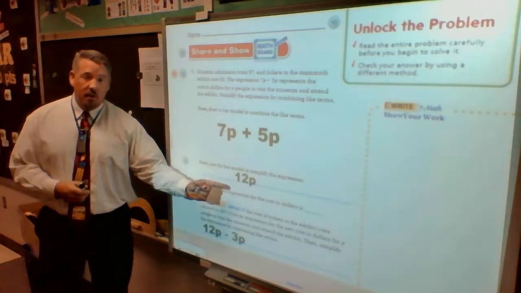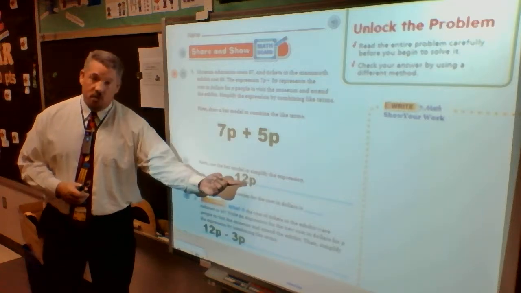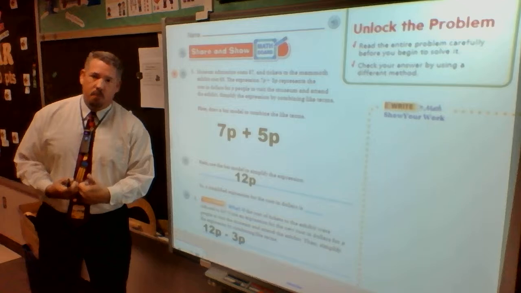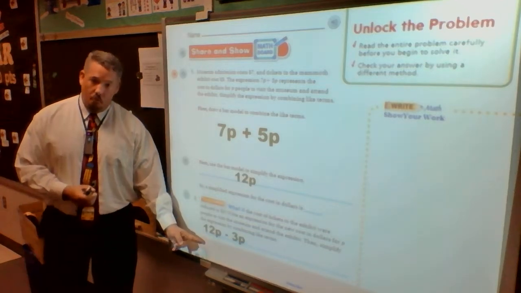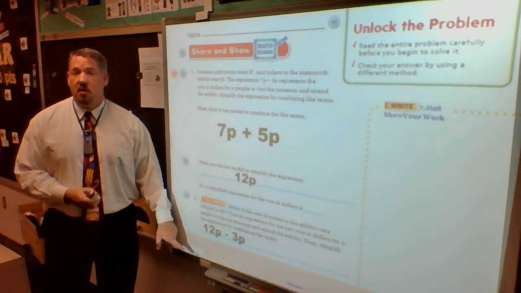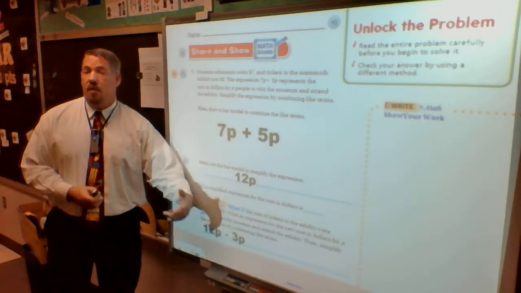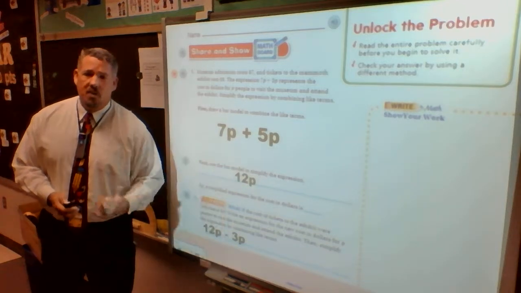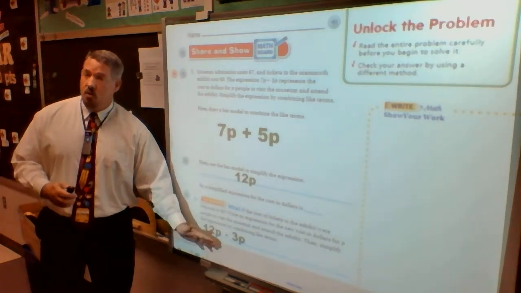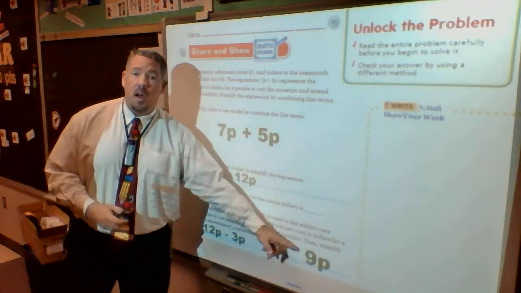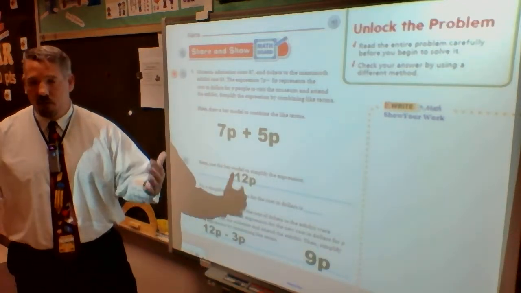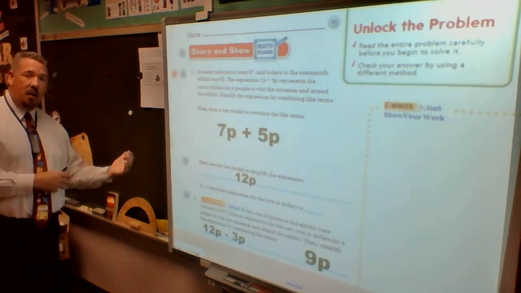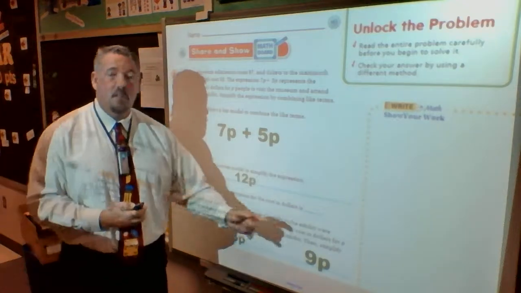So if I know that it originally cost $12 per person, but I'm going to discount you by $3 per person, then I would start my expression as the 12p, which is the original, minus the discount of 3p. But all you and I would ever care about is, how much money are we spending? So the simplified new expression would just be 9p. Each person would be spending $9 to go through the museum and the exhibit. So 9p would be the expression that I would use to find that answer.